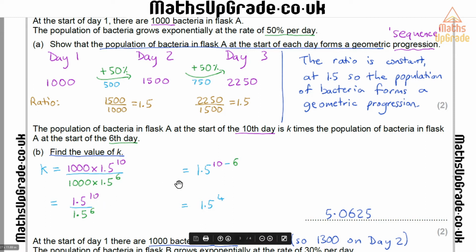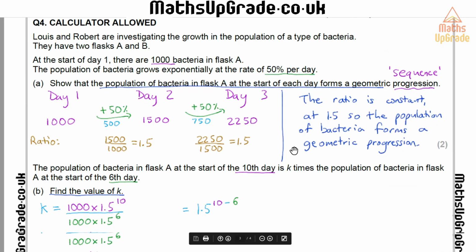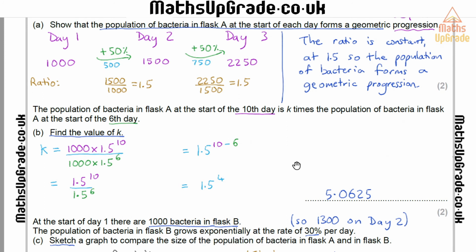Then if I use index laws, since I'm dividing the same base with different powers, I can just subtract the indices, and that will give me 1.5 to the power of 4, which with a calculator is just 5.0625. So that there is how much greater the population is from the 10th day compared to the 6th day as a ratio. That's 5.0625, and that's 2 marks for that question.